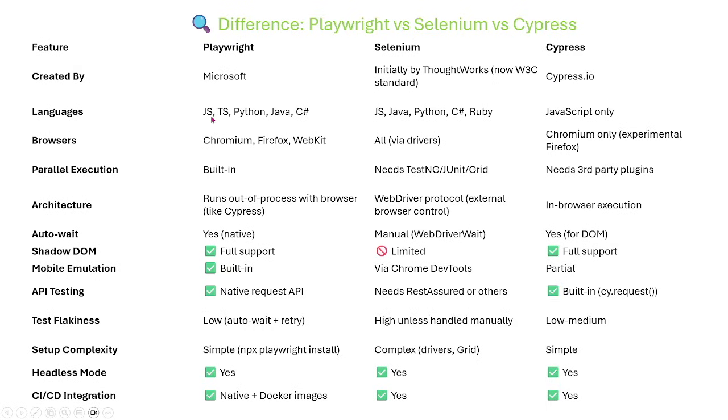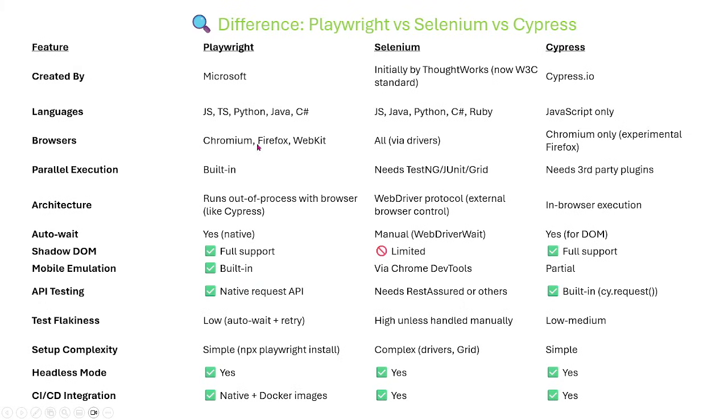Language: Playwright supports JS, TS, Python, Java, C#. Selenium supports JS, Java, Python, C#, Ruby, and Cypress supports JavaScript and TypeScript.